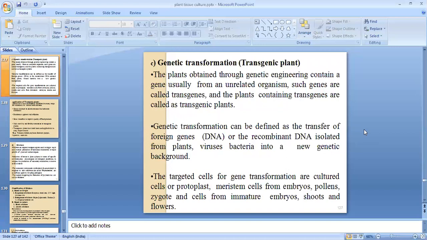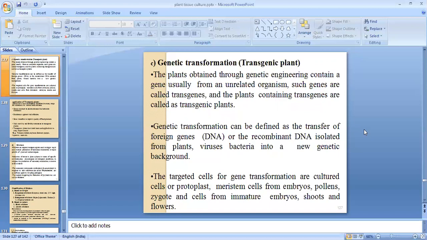The next application is genetic transformation, that is, the production of transgenic plants. What do you mean by a transgenic plant?